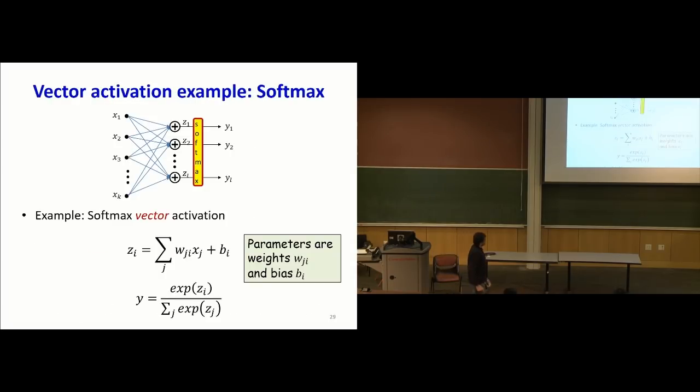So here is an example. This is something that you've already encountered in your homeworks, and we will see a lot of the softmax. So I have some inputs. The vector activation function is just this portion of the diagram. The z's are various affine combinations of these inputs. And the output y's are simply the exponentiated versions of the z's, but normalized so that they all sum to 1.